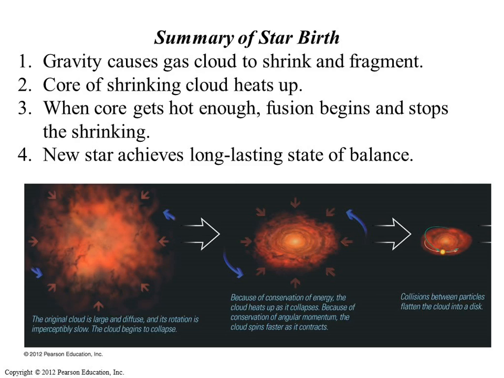If it's got rotation, it can have planets. When stars are born, if they have rotation, they get this disk; no rotation, no planets. Number 4 is almost poetic: the new star achieves a long-lasting state of balance. That state of balance is the main sequence. For us, that nice state of balance is about 10 billion years.